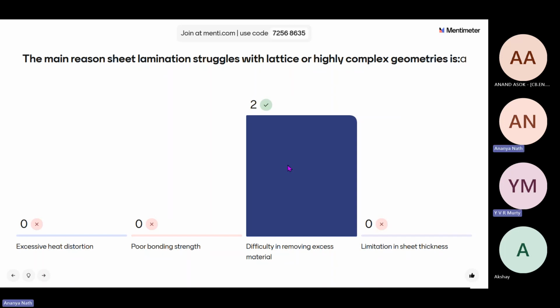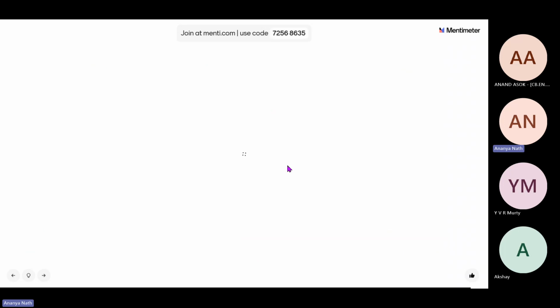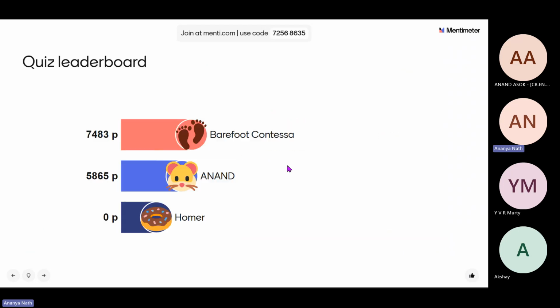Difficulty in removing excess material, because decubing is the operation that we are doing. If it's a lattice structure, then decubing is not even possible, because already it will be in millimeter or micro level intricate geometry inside.